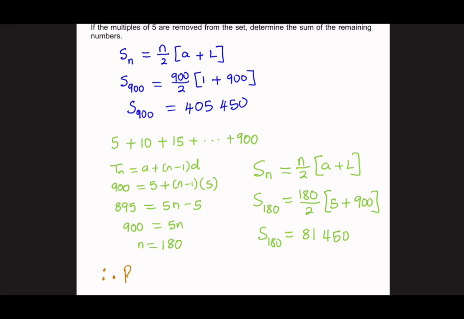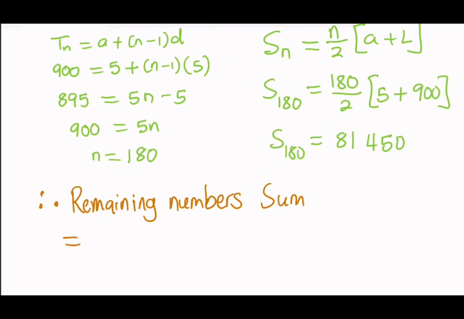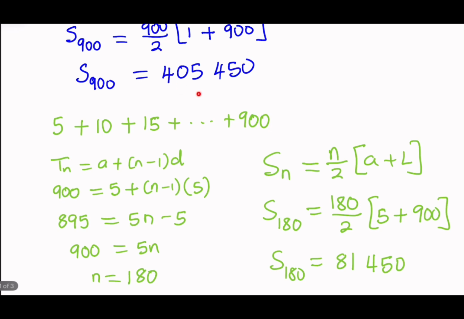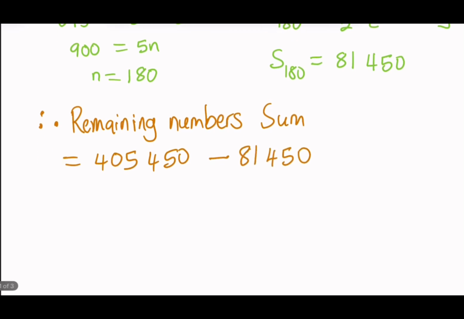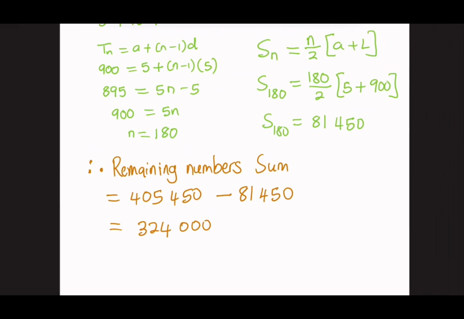Therefore, the sum of the remaining numbers is the same as this number over here, 405,450, minus the 81,450, and once you calculate that, that is 324,000, and that is how you would have answered this.